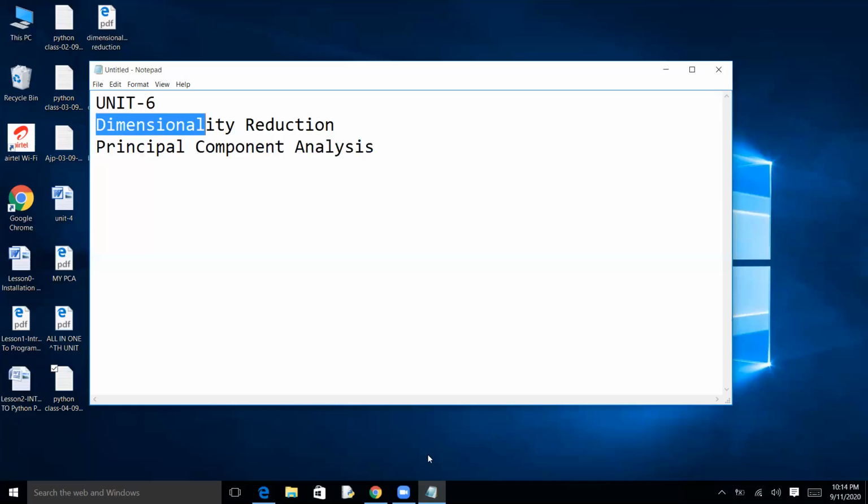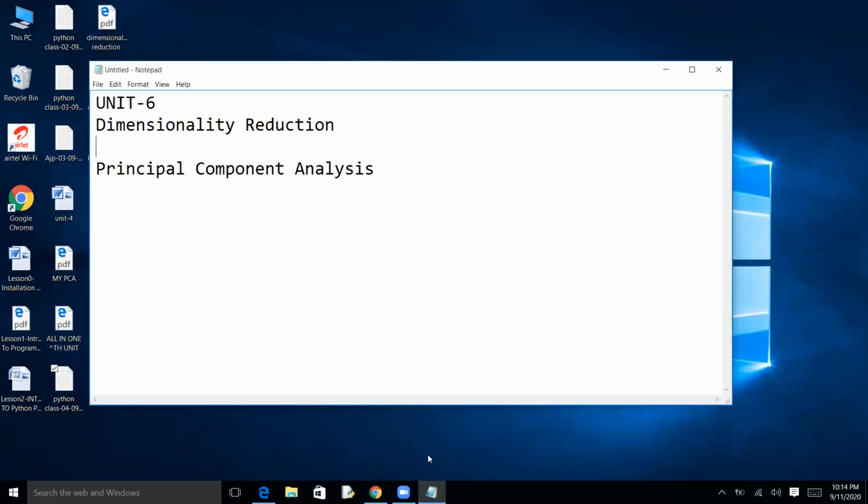In dimensionality reduction, we are going to see, first, what is dimension? Dimension means what? Next, what is dimensionality?